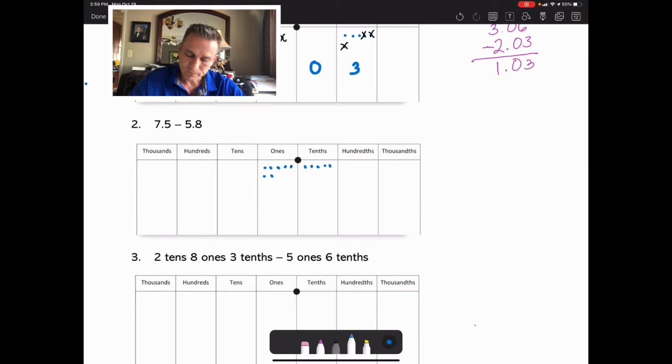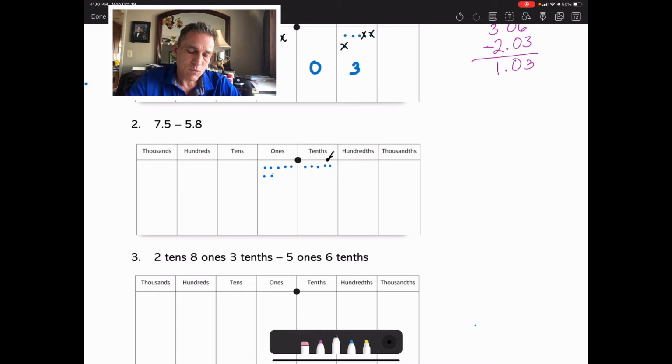So let's see what that's going to look like. Well, since we start off with the smallest place value, which is the tenths place, we're going to run into a problem. The problem is that we're supposed to be taking away 8 tenths, but there's only 5 tenths here to take away. So I have to get more tenths before I can take away 8 of them. And I'm going to get those tenths from the ones place.